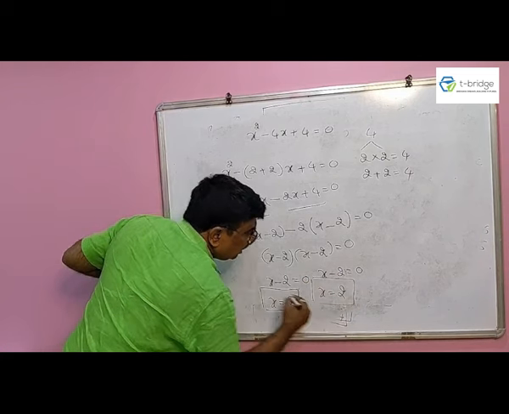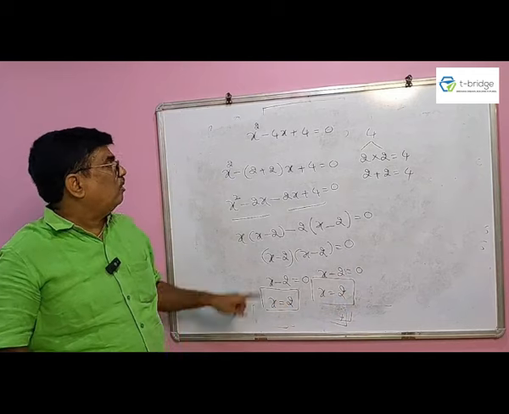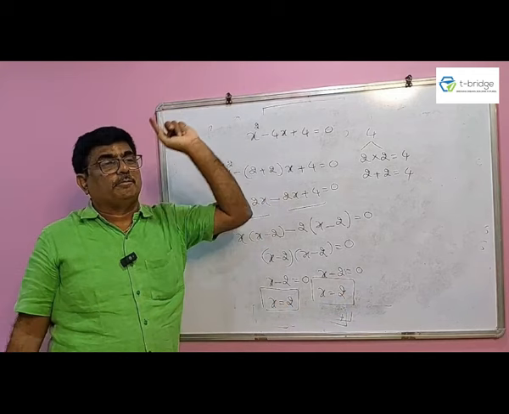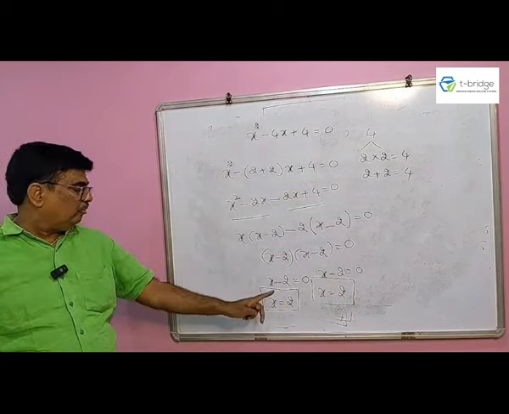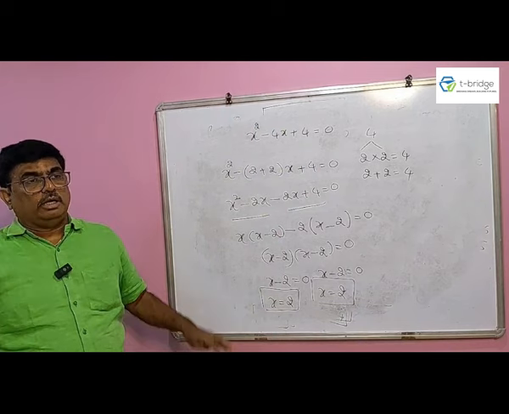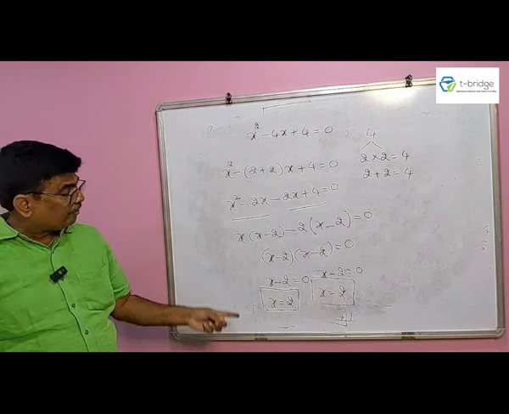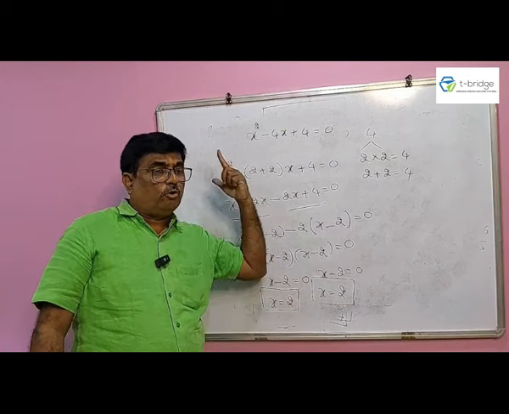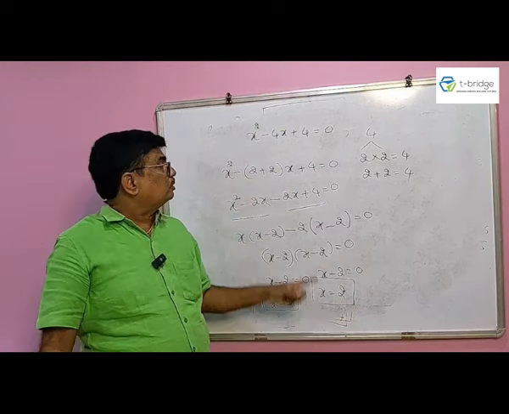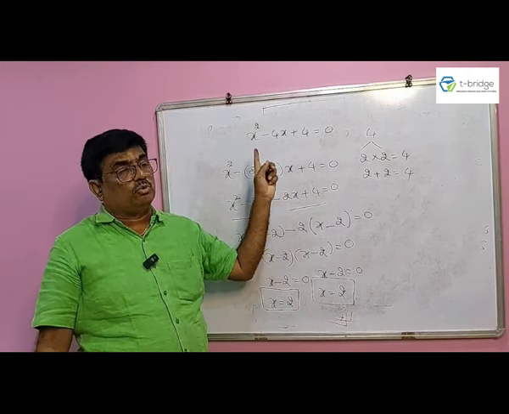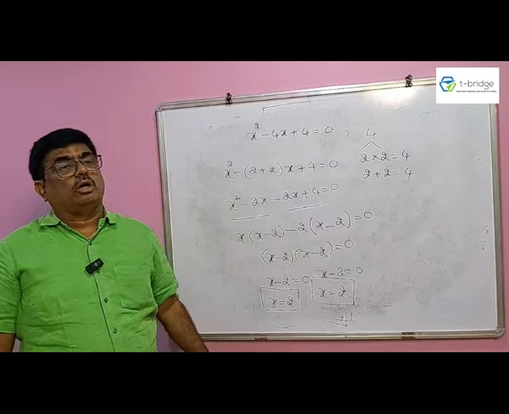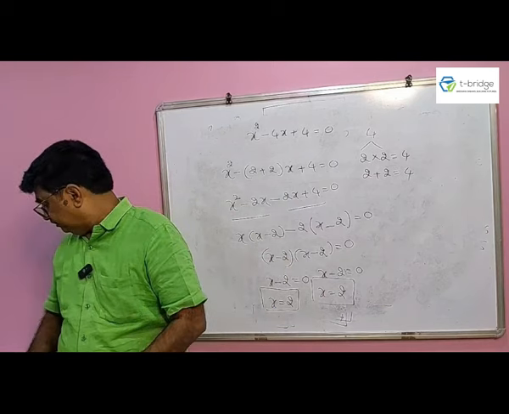Again here we got both the same value. Therefore this quadratic equation has repeated roots. In the last problem 4 and 4 came, here 2 and 2 are coming. So for such quadratic equations, we call them repeated roots or equal roots.